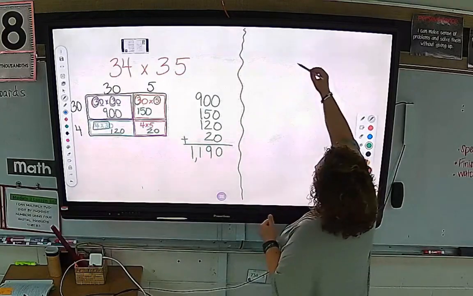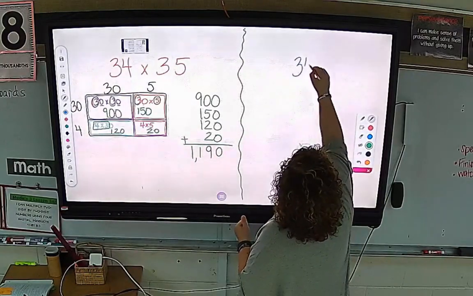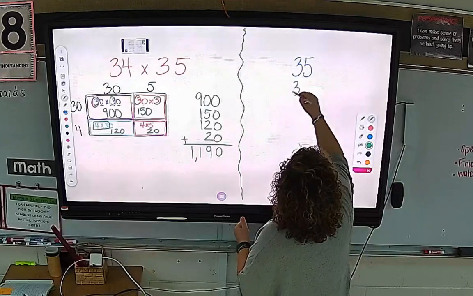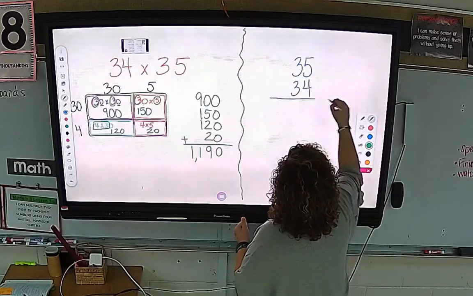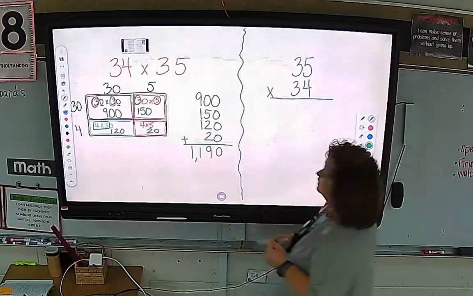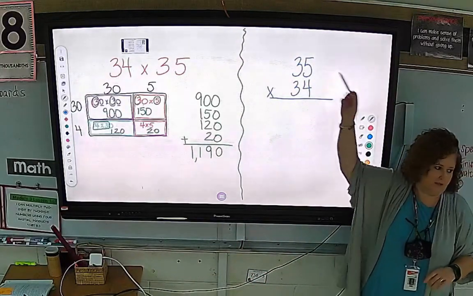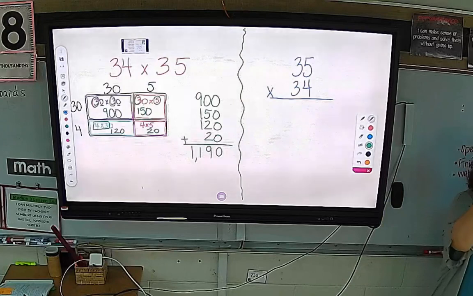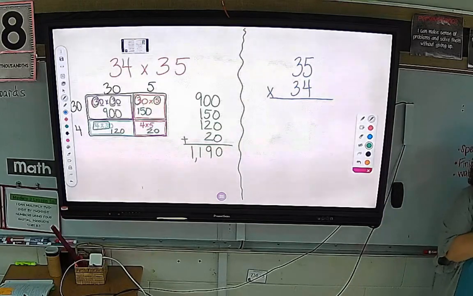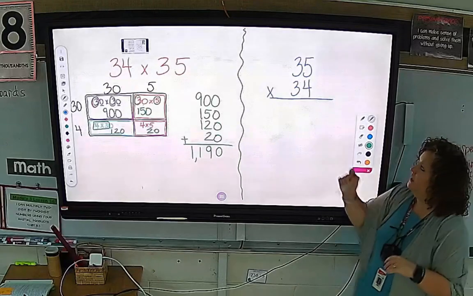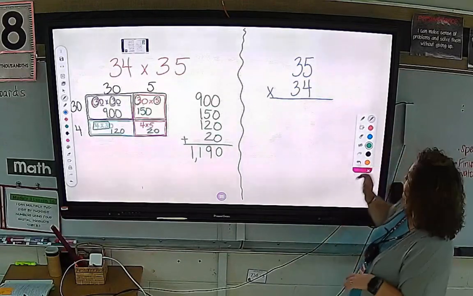Now let's say that I'm going to use partial product, and I do 35 times 34. Okay, because eventually you're going to see the problems stacked vertically like that, and that's how we're going to do them. Okay, now this is not standard algebra, this is partial product. Okay? All right, are you watching?